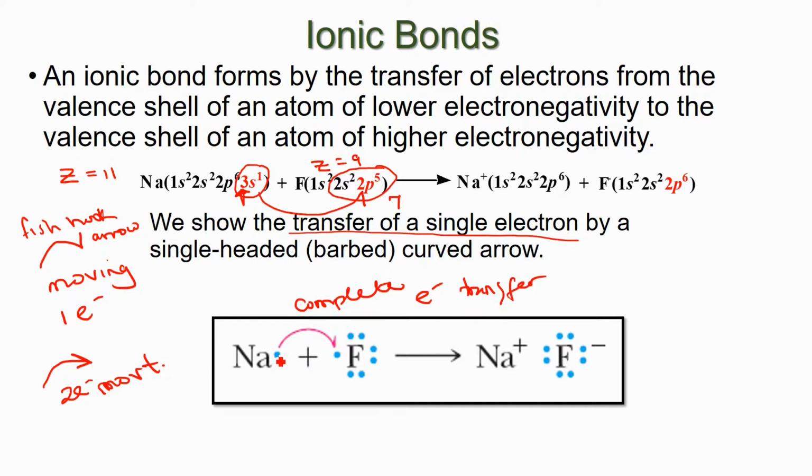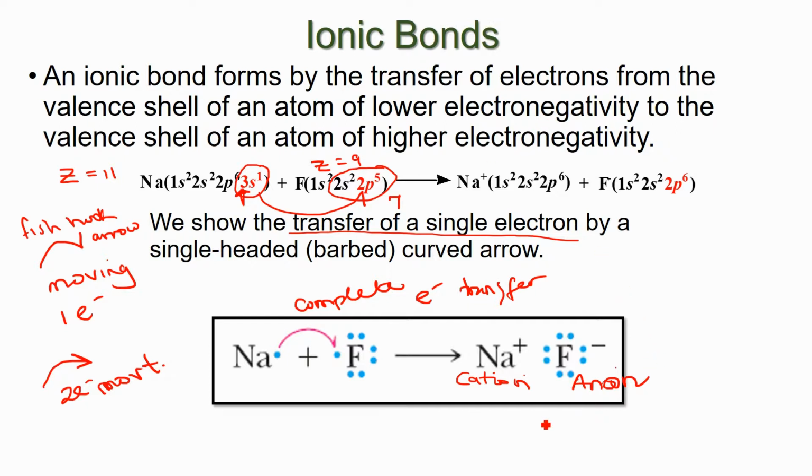Because you're transferring the electron from sodium to fluorine, sodium becomes positively charged, and that's how you form a cation. And fluorine becomes negatively charged, so it becomes an anion. We'll explain later the effect of this positive and negative charge in Lewis structures.